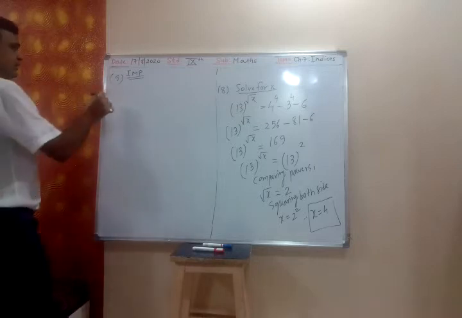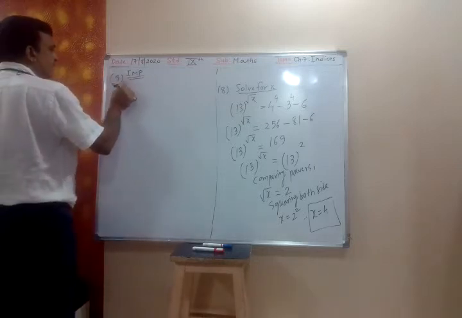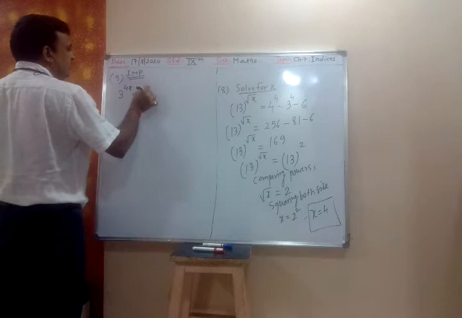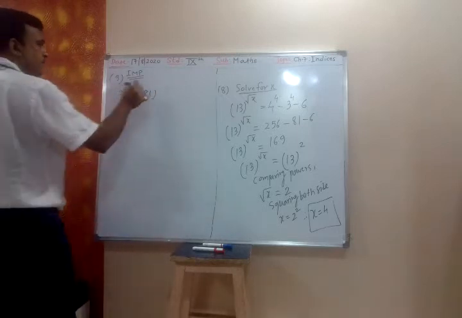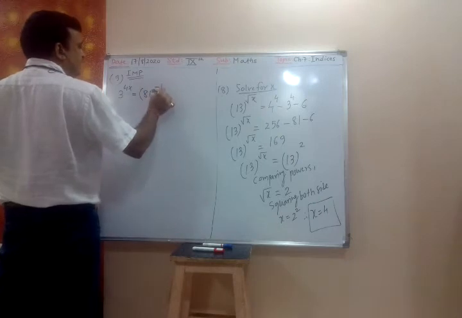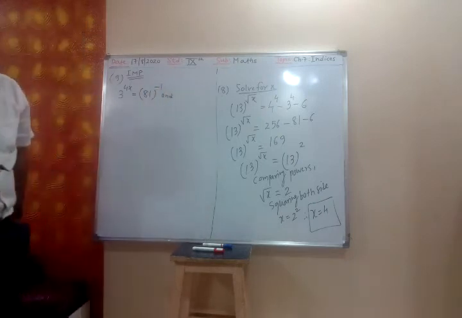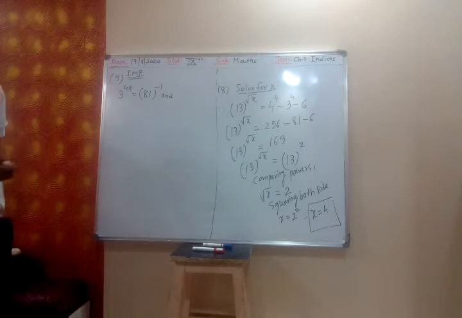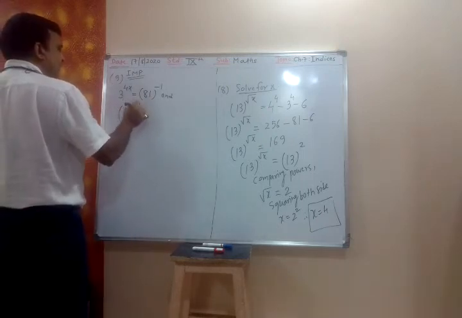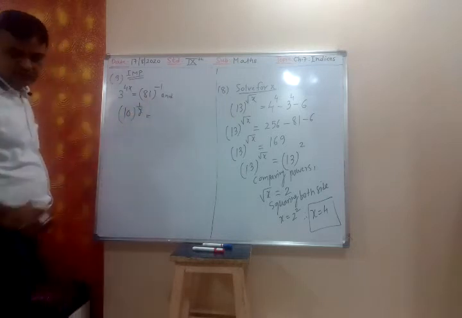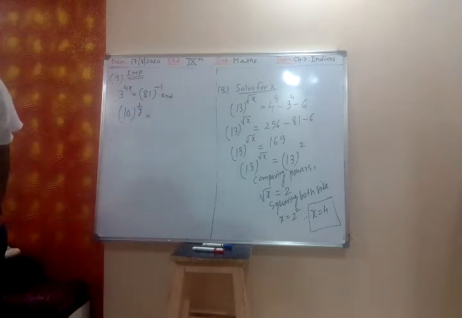3 raised to 4x is equal to 81 raised to minus 1, and 10 raised to 1 by y is equal to 0.0001.